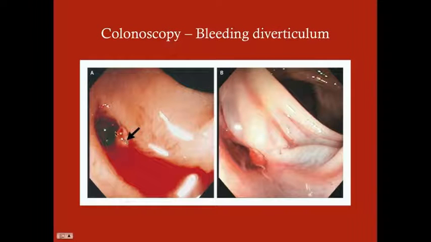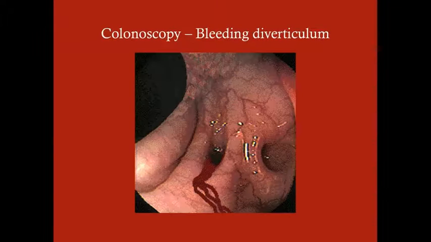So here's a bleeding diverticulum. So you know this is bleeding because first you see there's blood coming out and pooling here, and then once you wash it out, you can squirt water through with your endoscope, you can see that there's a diverticulum here. So it's a diverticulum that's bleeding. And here's another one here.